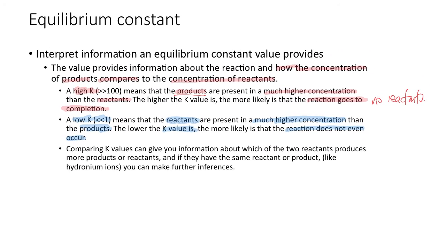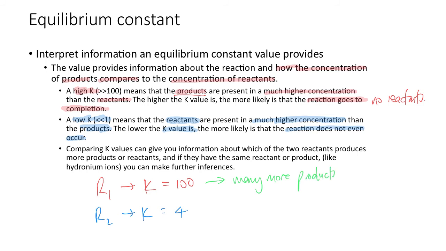Comparing K values can give you information about which of two reactions produces more products, and if they have the same reactants and products, like hydronium ions, you can make further inferences like the pH. So if reaction number 1 has a K value of, like, 100, and reaction number 2 has a K value of, like, 4, then reaction number 1 has many more products than reaction number 2.